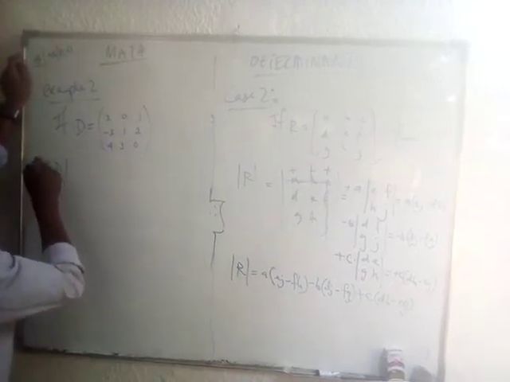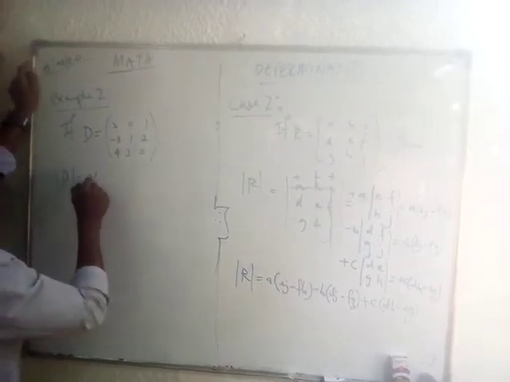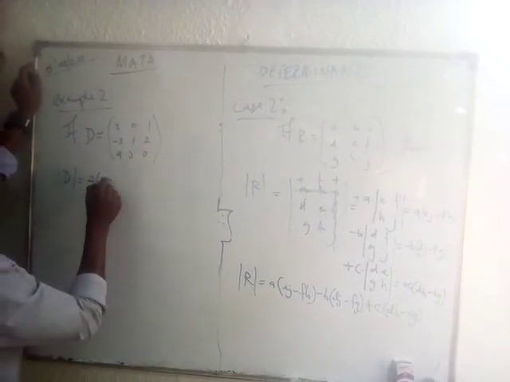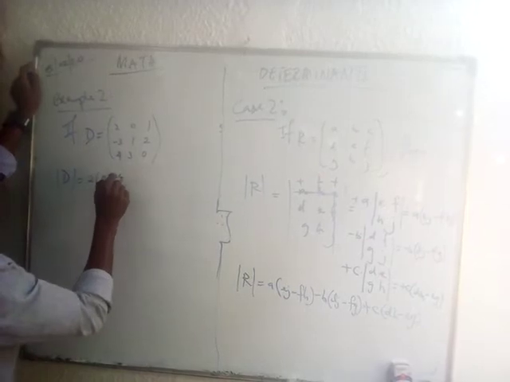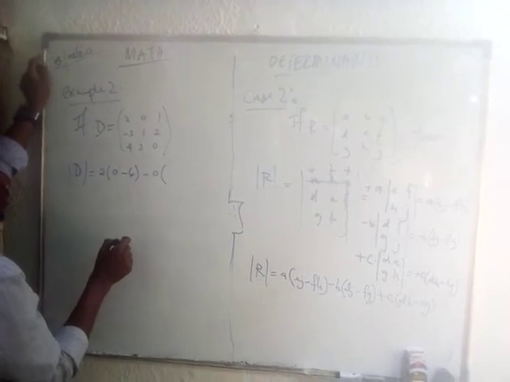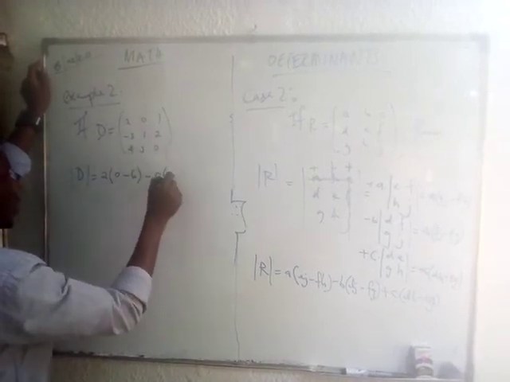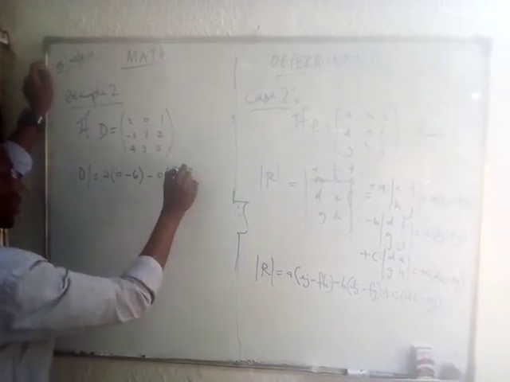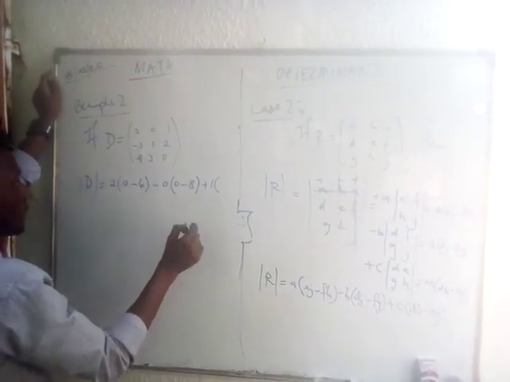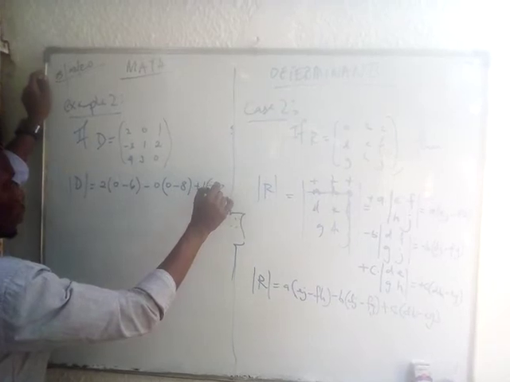The determinant of T is simply 2 times 1 times 0 is 0 minus 6, then minus 0 times minus 3 times 0 is 0, then 4 times 2 is 8, then plus 1 into bracket, minus 3 times 3 is minus 9, then minus 4 times 1, 4.